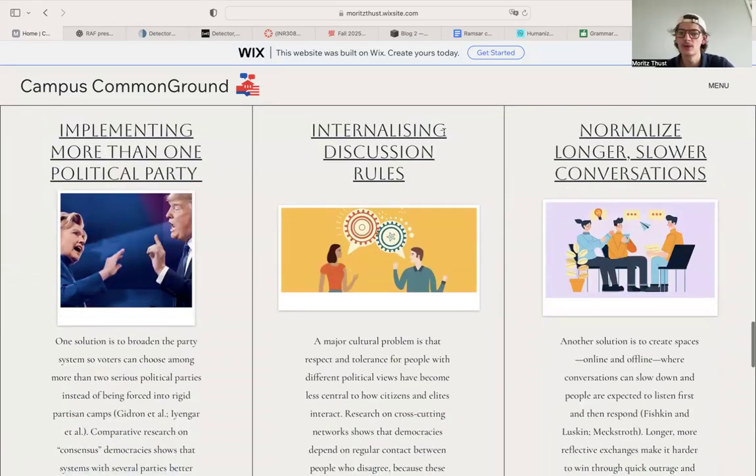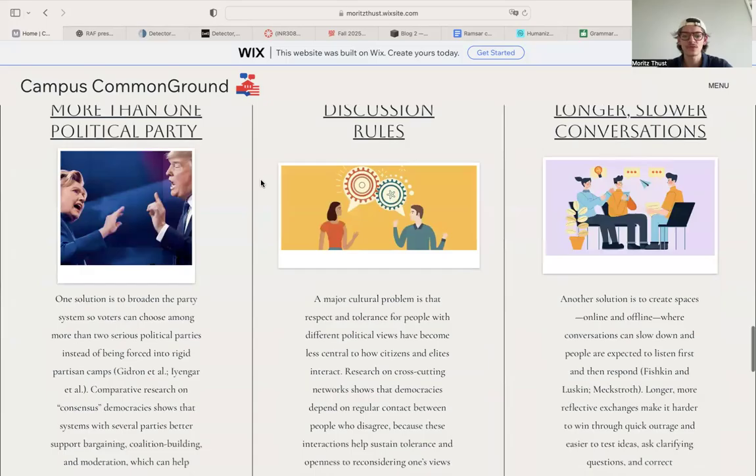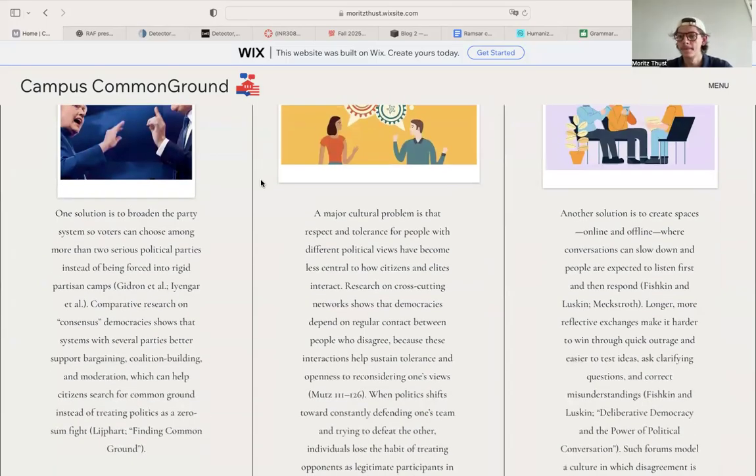I did it in a similar way to the problems because I like the parallels here. So we have, obviously, implementing more than one political party, which would give people a much wider array of opinions that they could choose from and vote for, which in turn leads to more synthesis and, I would argue, more fact-based opinions, because you now have a lot of different parties that have to argue together and collude to make up a government.